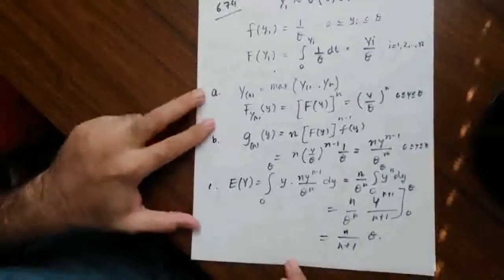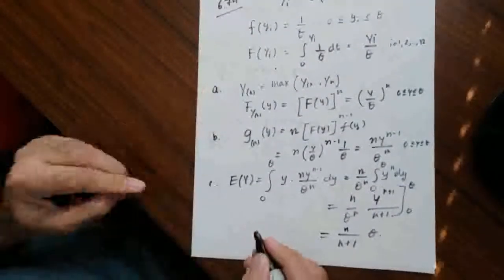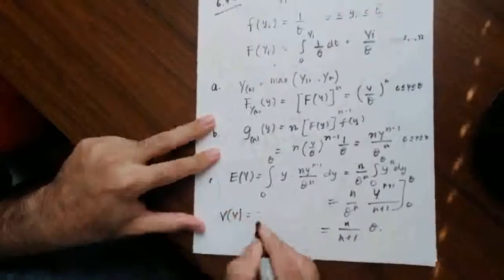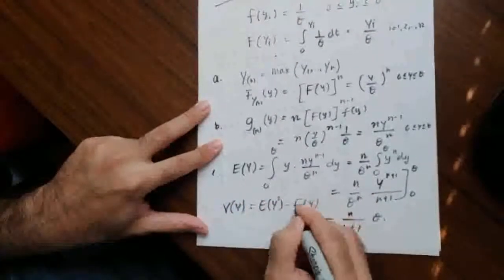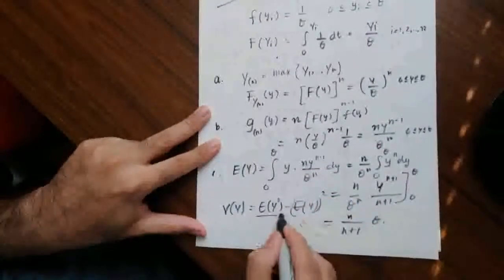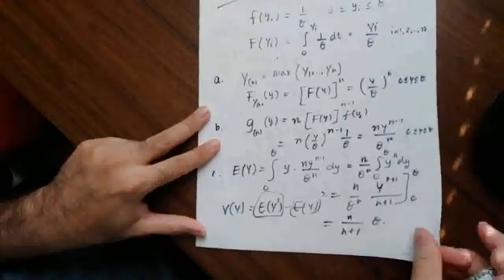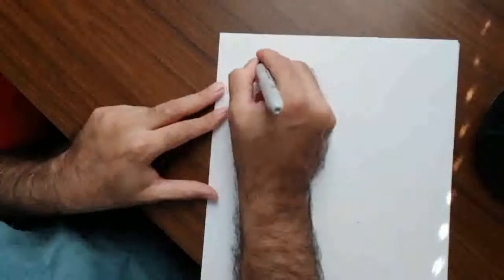So that is the expectation of y. If I want to calculate the variance of y, that will be expectation of y squared minus expectation of y, whole squared. So let's find expectation of y squared. How to find expectation of y squared?